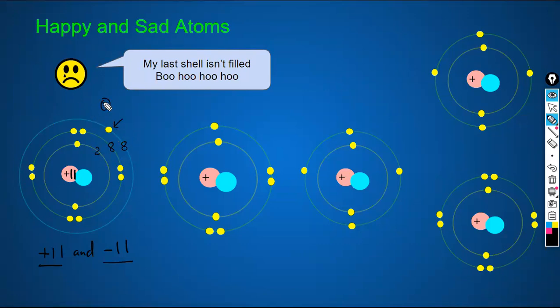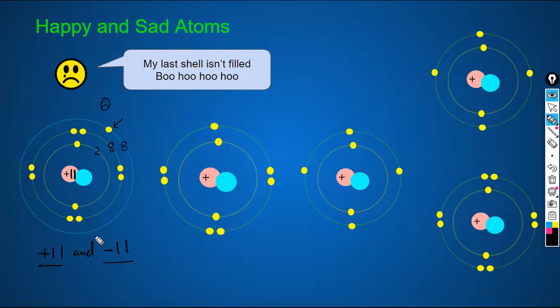So he is definitely what? Sad. To become happy, its outer shell, or its last shell, has to be filled. Now, there are 2 ways it can accomplish happiness, and you all are going to tell me which one is easier.